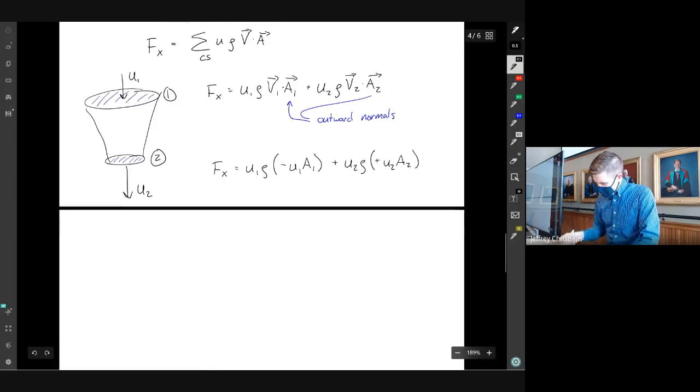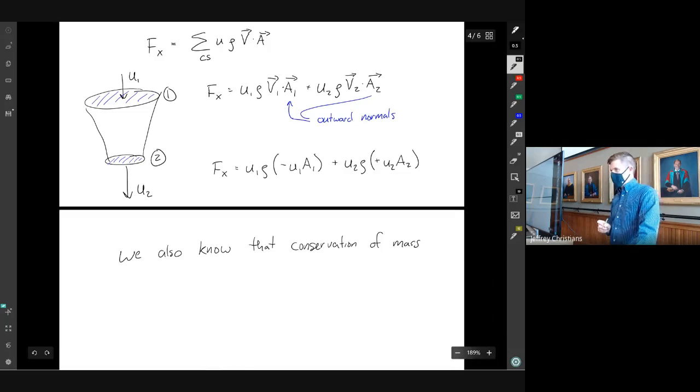again, we can look at this. We also know, and this is a common thing that we'll do in almost every problem, that conservation of mass must be obeyed.